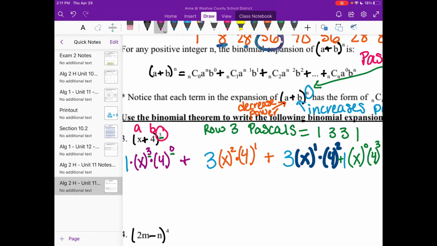Again, this is instead of writing out x plus 4 three times and foiling it out. So, right here, 1 times x cubed, well, x cubed is just x cubed. This 4 to the 0 is just 1, so that would be my term.